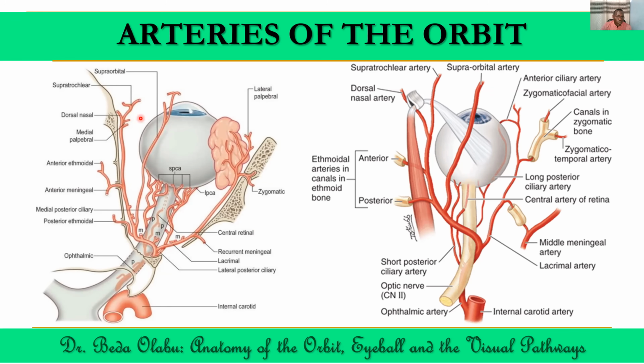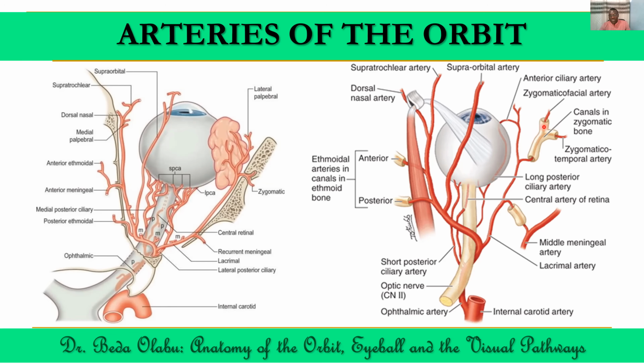Also important to note is that there are a number of anastomoses that the branches of the ophthalmic artery make with other arteries. So there's some anastomosis on the face, like supratrochlear and supraorbital, which will anastomose with the scalp. There's anastomosis between the meningeal branch of the lacrimal artery and the middle meningeal artery. You can see that anastomosis there.